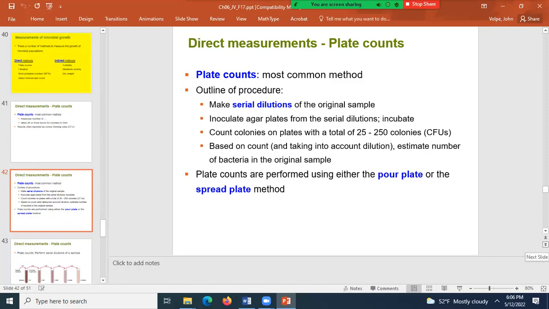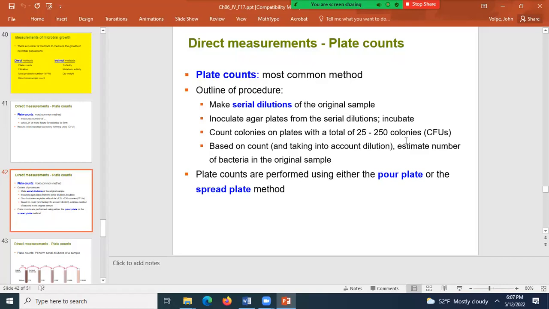Usually to do the plate count, you make a serial dilution of your original sample. And then you inoculate agar plates from each of the dilutions. And then you count the colonies on the plate where the number of colonies is between 25 and 250.